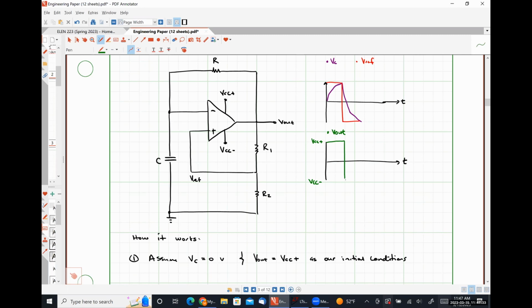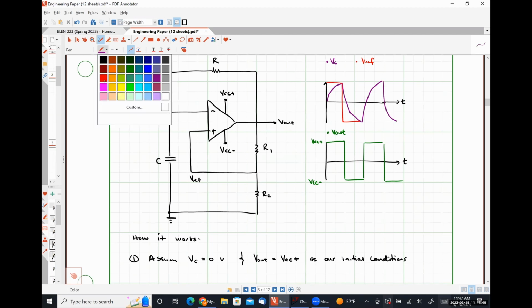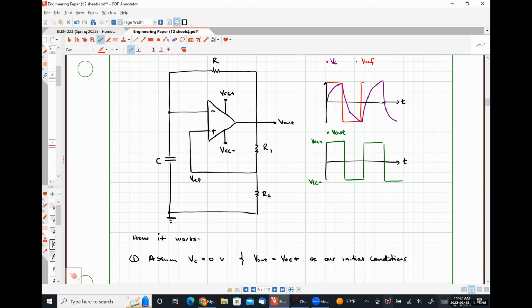And then this cycle just occurs over and over again. So our capacitor charging and discharging causes our reference voltage to swing from a positive value to a negative value, which in turn causes our output voltage to swing from a positive value to a negative value. And because we have a positive feedback system, the output will always be either VCC plus or VCC minus, because those are the only two stable operating points of the system.